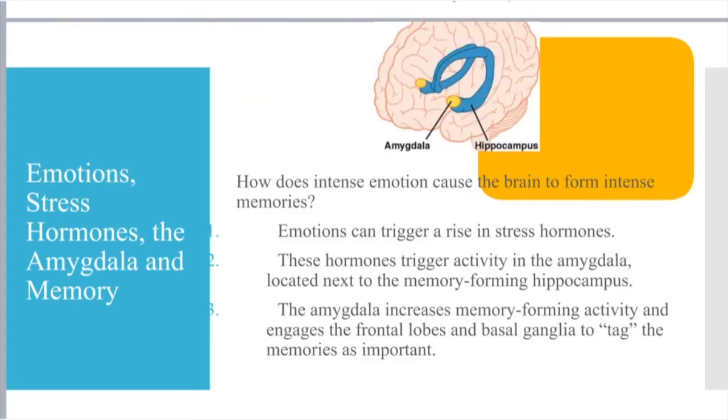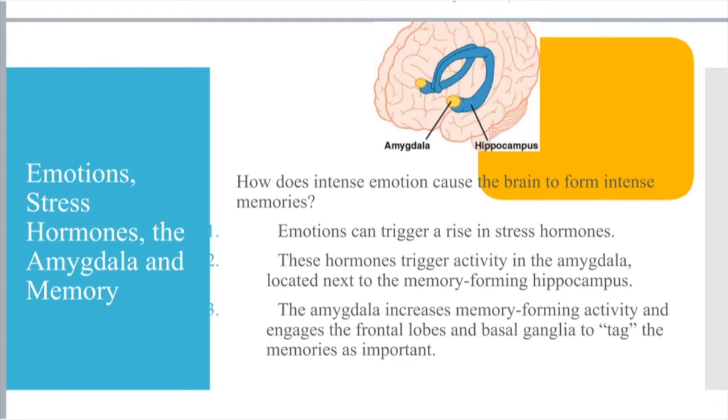So here's the last piece of the puzzle. When we're talking about the tie between emotion and memory, we know that intense emotions form intense memories because they trigger a rise in stress hormones, and these hormones trigger activity in the amygdala, which is located next to the memory-forming hippocampus.